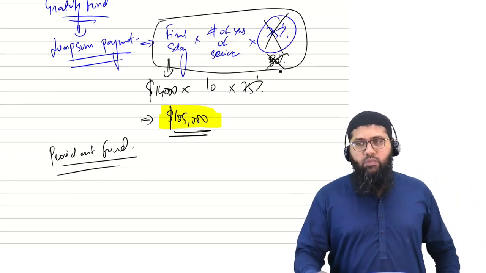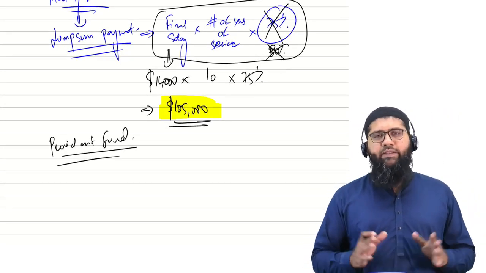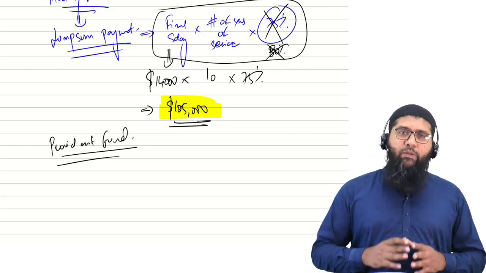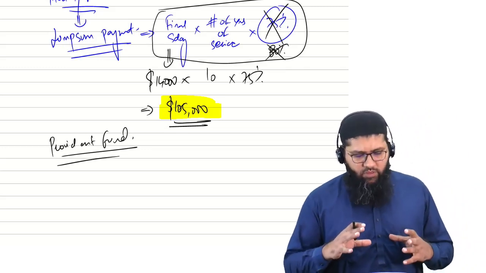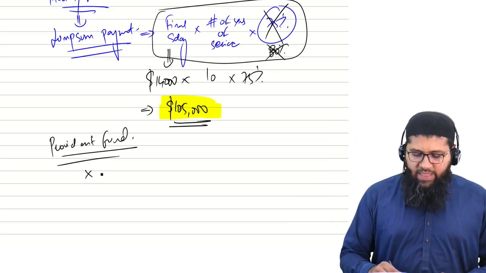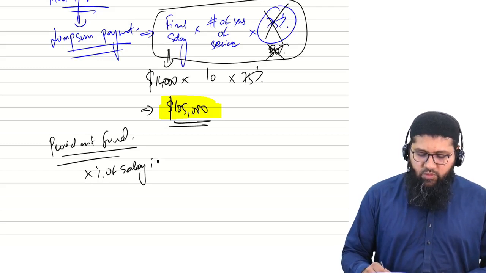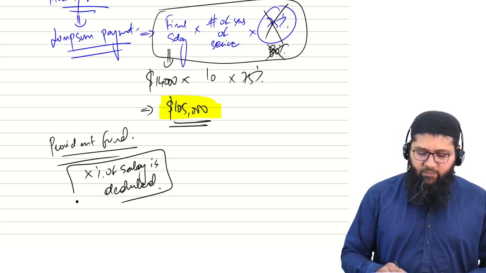Okay. The next thing is about the Provident Fund. Now what is this Provident Fund? Try to understand. The concept of Provident Fund is that generally an X percentage of salary is deducted.